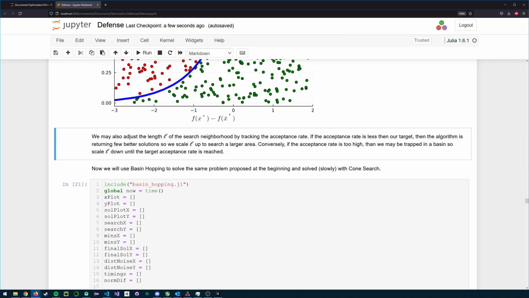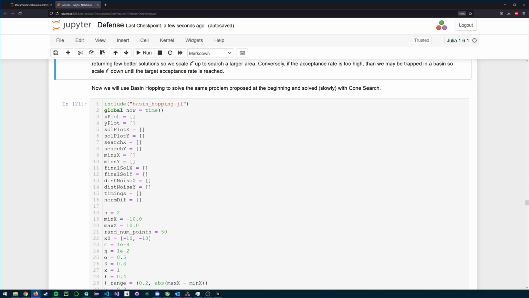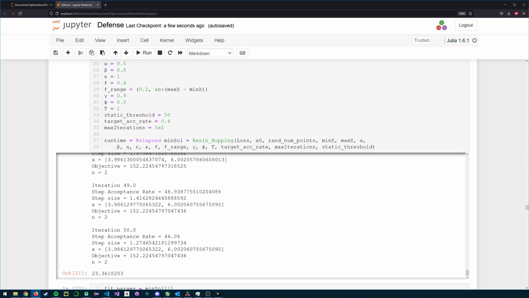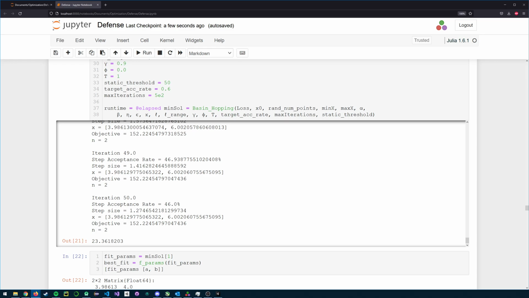Now we're going to use basin hopping to solve the problem that we've been working through, which we had already solved with cone search. You can see we've run it. It's taken 23 seconds, which means we got unlucky there. Usually this takes much less than that, especially for R2. I've seen it take as low as 2 or 3 seconds.